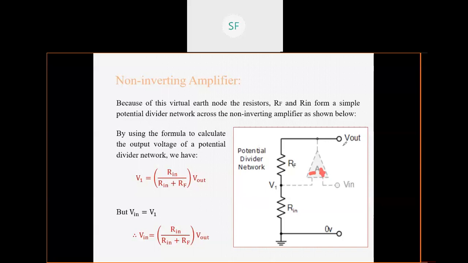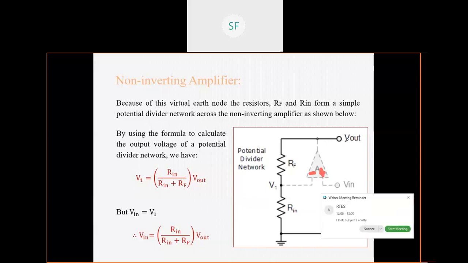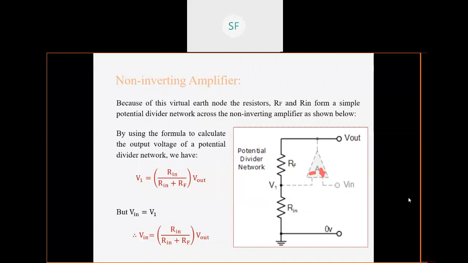Now it will be clear to you that the total voltage V out is getting divided into two drops: some voltage will drop across RF and some voltage will drop across R in, and current IF is flowing in this direction.